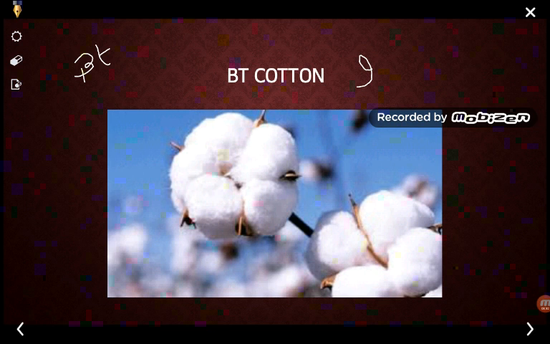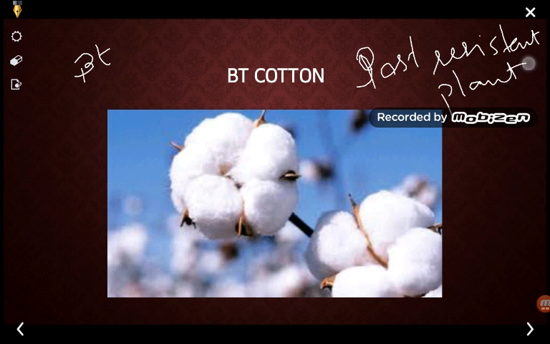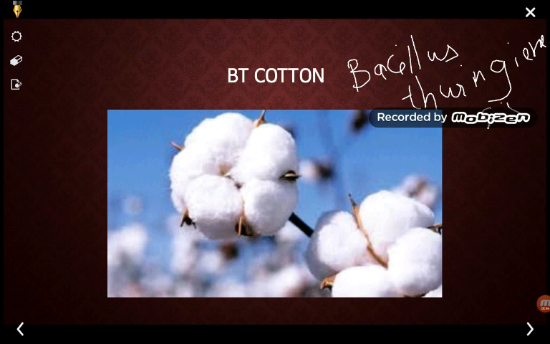So they are pest resistant plants, so that their production can be achieved on a large scale. And Bt stands for Bacillus thuringiensis. It is an insect resistant transgenic crop designed to combat the bollworm. Being a bollworm resistant variety, it can give more and more production.